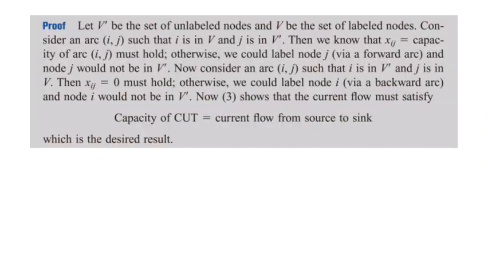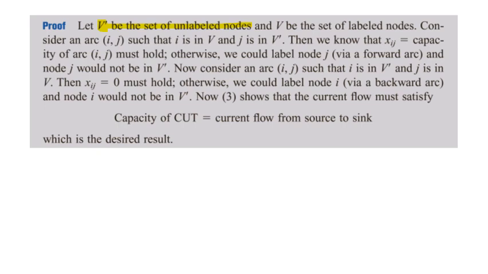So in the Ford-Fulkerson method, we stop when we cannot label the sink. So in this case, when you have tried to label the nodes but you cannot reach the sink, the nodes that still cannot be labeled, you name it as V prime.